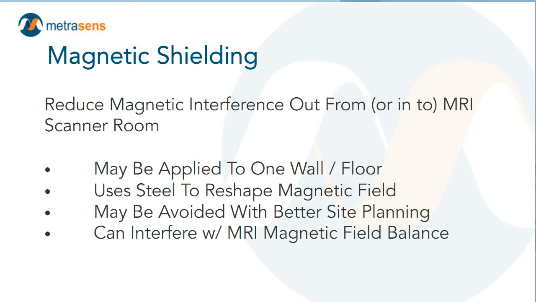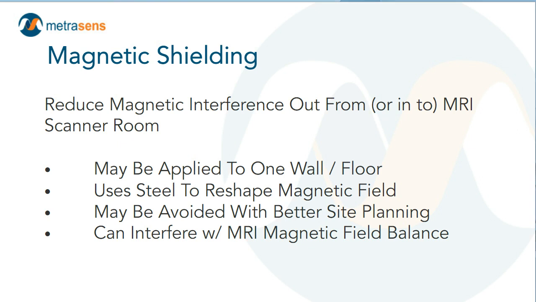Magnetic shielding can prevent, say, a 5-Gauss line originating from the MRI scanner from pushing into an adjacent space. It can also prevent external electromagnetic interference from disrupting the MRI.